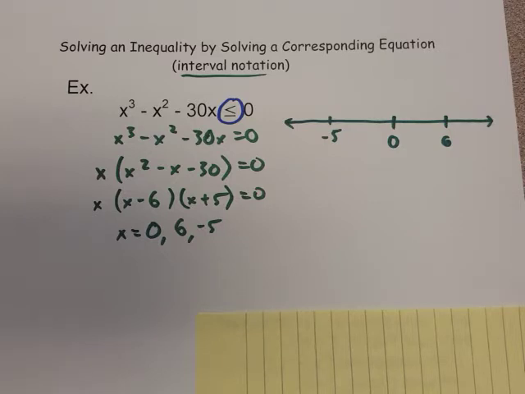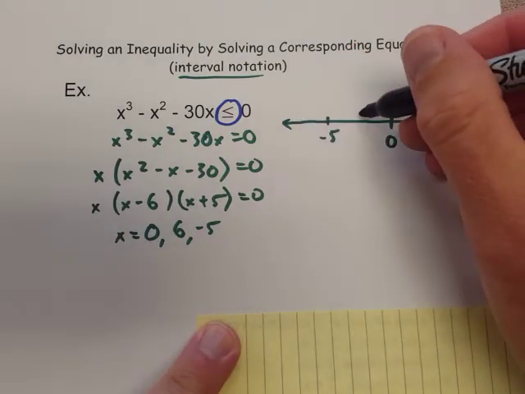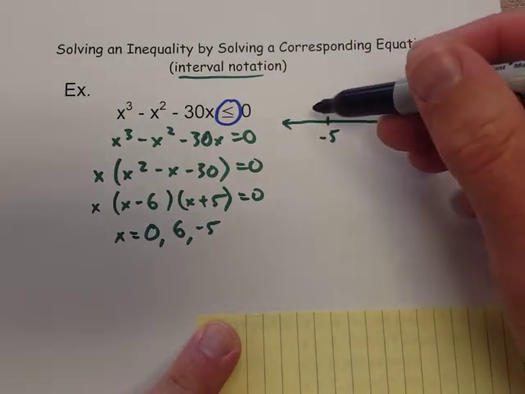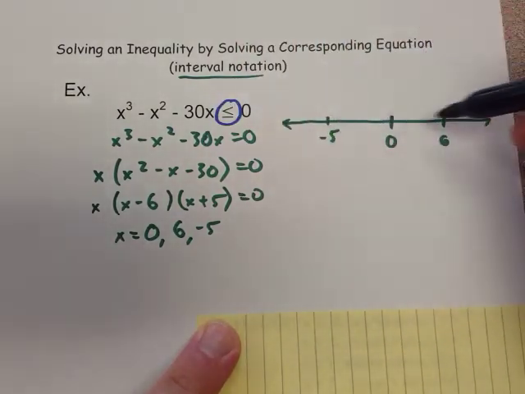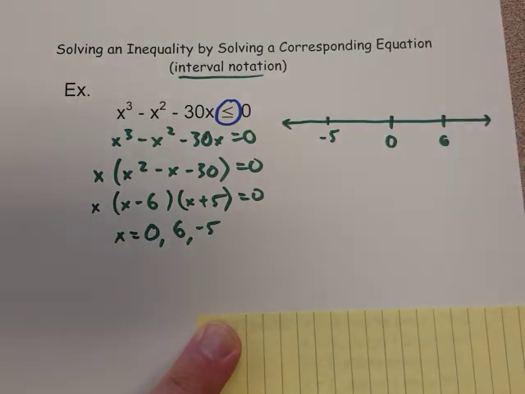But we've got to see if numbers work here. So I'm going to be taking a few different test points. I'm going to take a test point and just make it the easiest one possible. I'm going to look at these different intervals. It's either going to work in this inequality or it's not going to work for that interval, and I'll show you what I mean.